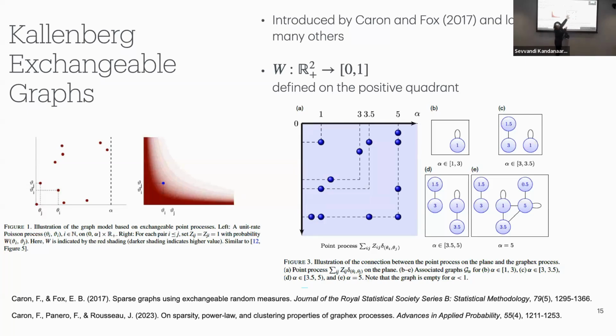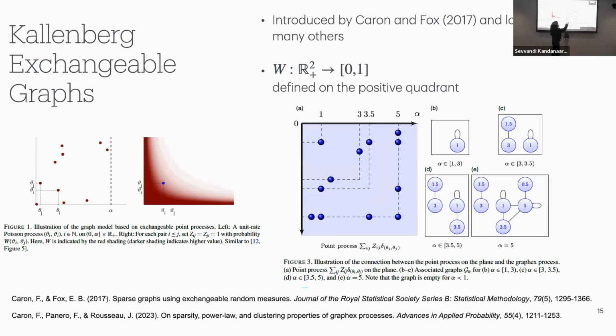This works like an adjacency matrix. So node 3 comes and node 1.5 comes and they're connected if you draw a line here, when alpha is between 3 and 3.5. Now, when alpha moves from 3.5 to 5, you have these 3 connections.